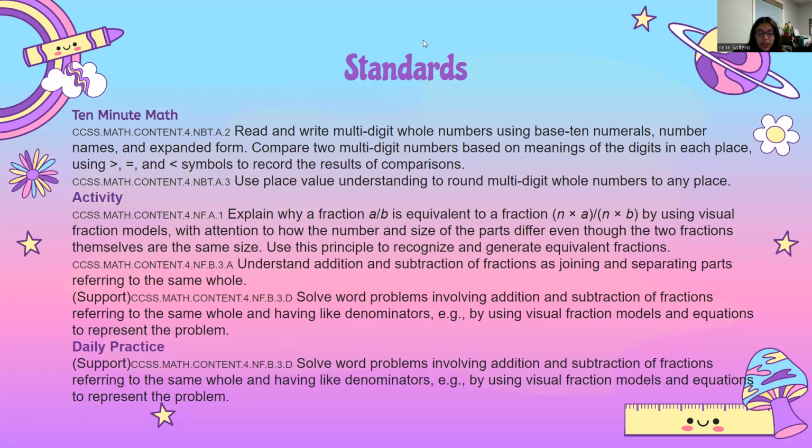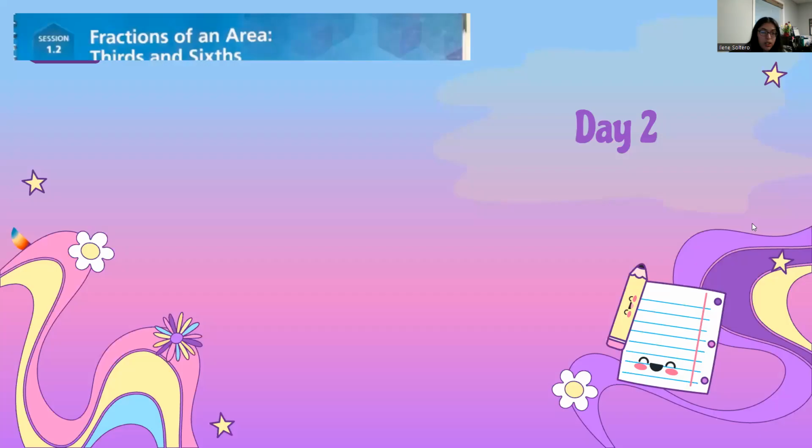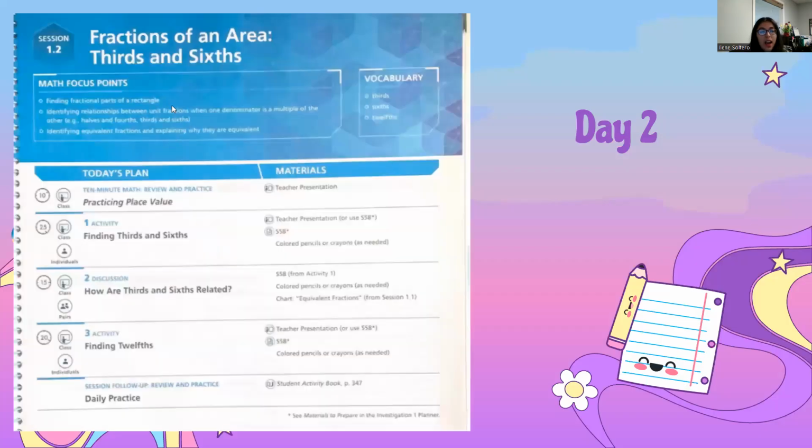So pretty much the layout or the structure of the lessons are going to be the same. If we go to the next slide, we can see how the overall structure of the day two lesson looks pretty similar. We have our math focus points up here at the top. We have some vocabulary.